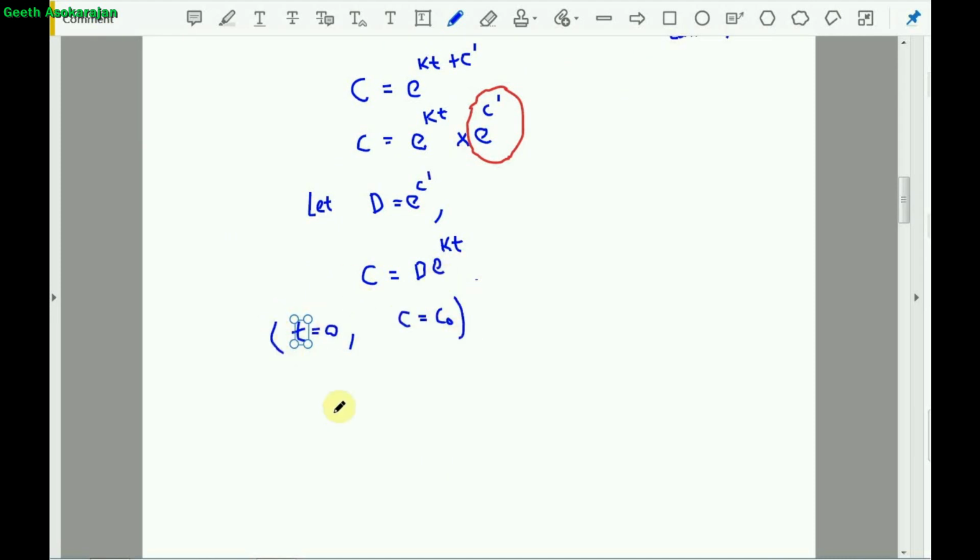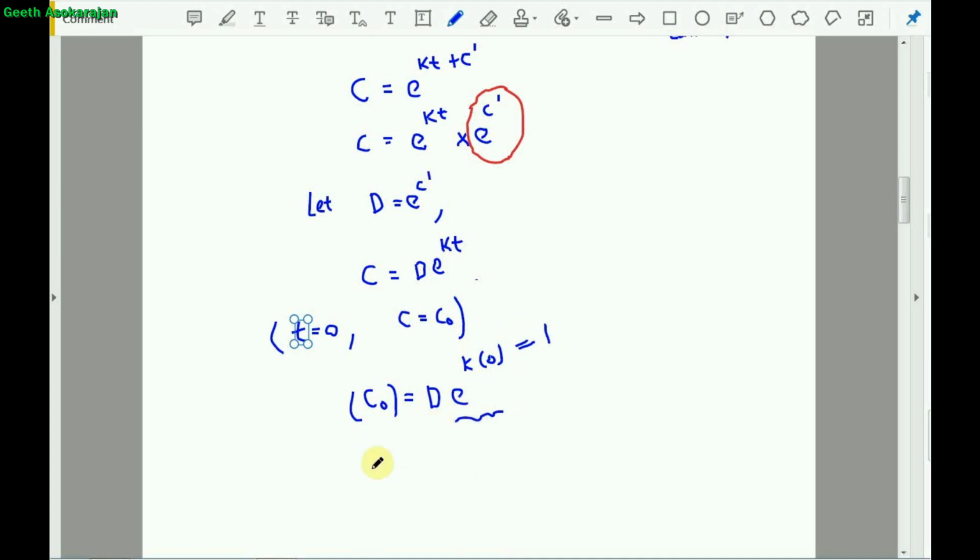If I replace in our equation, C is C0, which is equal to capital D e to the k times 0. Now k times 0 is 0, and e to the power 0 amounts to 1.